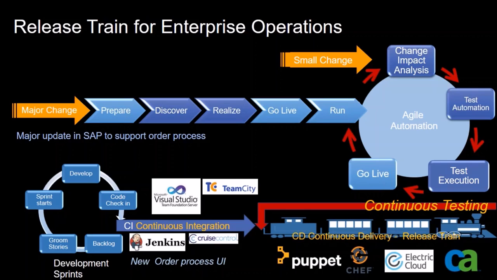So you may have your custom development teams going through their process of Agile, continuous integration, with SAP going on above, building out the core of the process. At some point, all of that has to come together, in the context of a release train. That release train may be just SAP, but in this case, it's going to span multiple applications. If you have a release train that spans multiple applications, you have to ensure that the change you've introduced works across all of the applications, that process end to end.